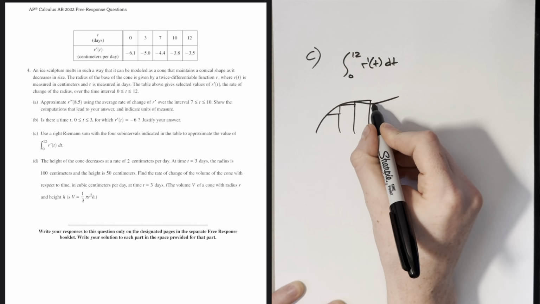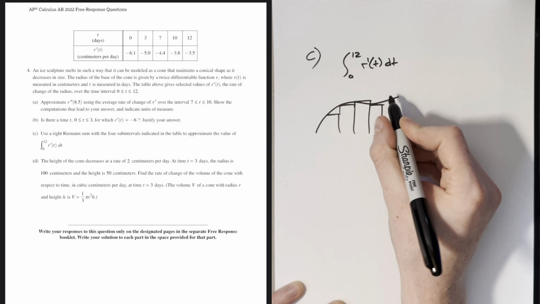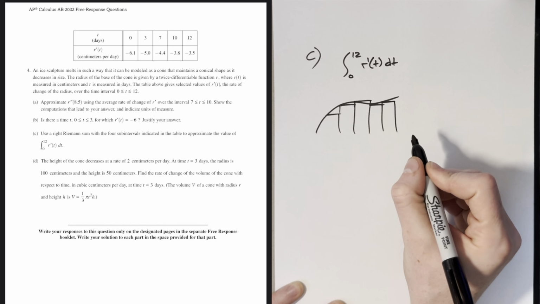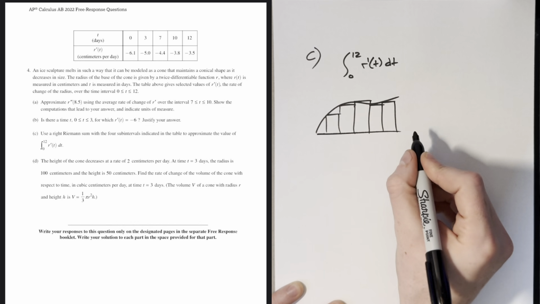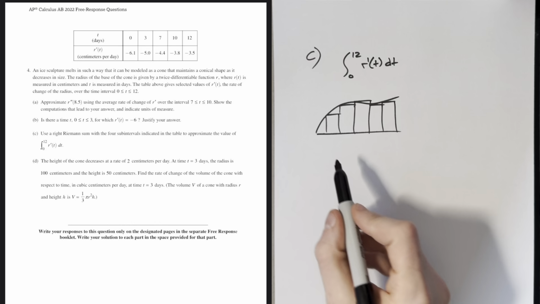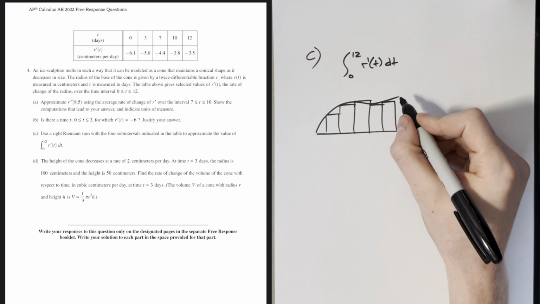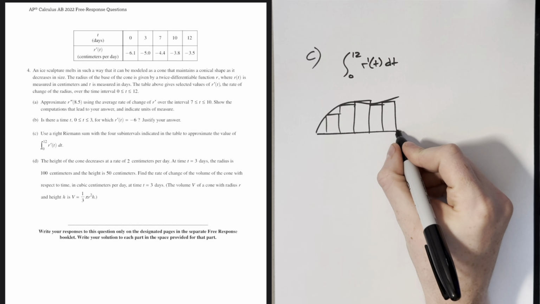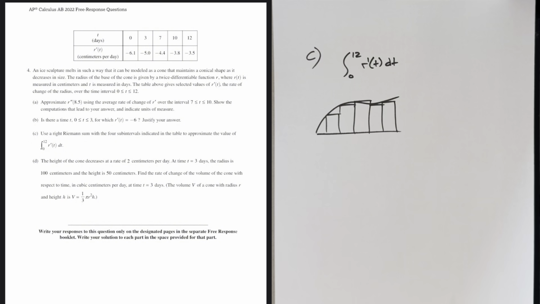Sometimes it's an over approximation, sometimes it's an under approximation, and that depends on whether the function is increasing or decreasing. But for this one, it asks us to use a right Riemann sum, which means that when I take these rectangles, I'm going to use the value of the function at the right endpoint.